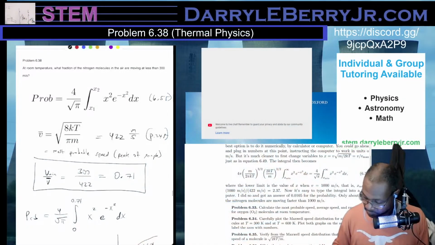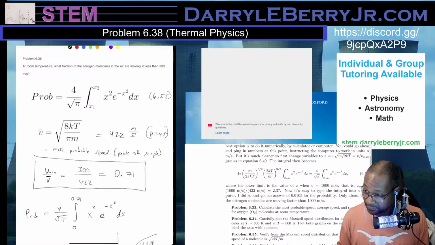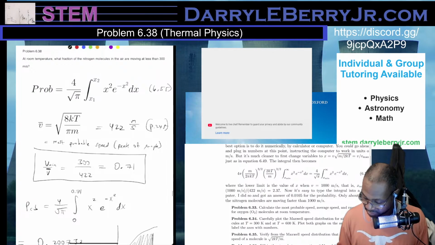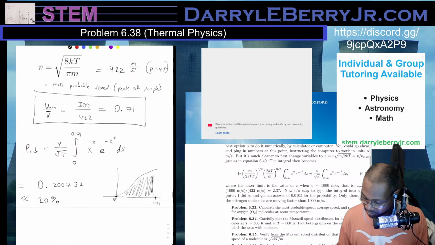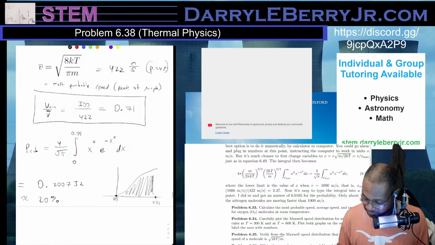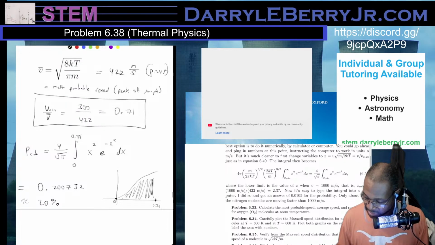Oh, and by the way, so I was writing here, we have v min divided by v average. v average is this, which we got from the book, page 245. That gives us the fraction we need, 0 to 0.71 to the left of the most probable.